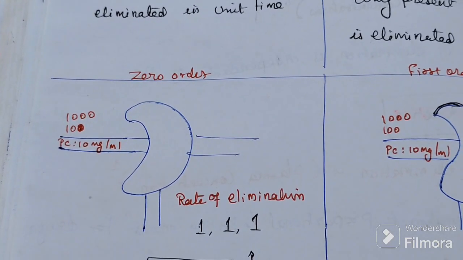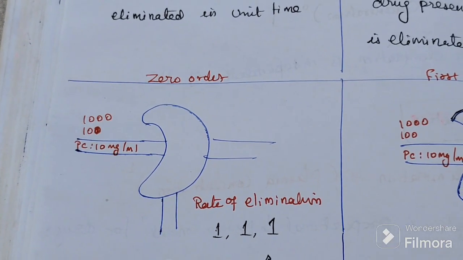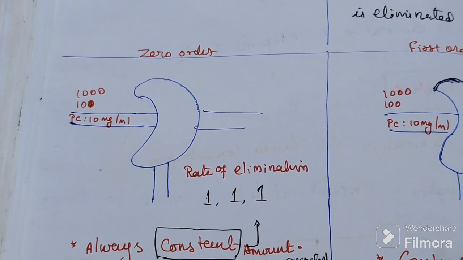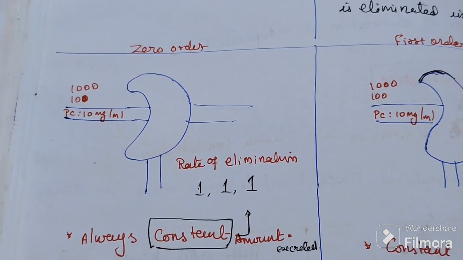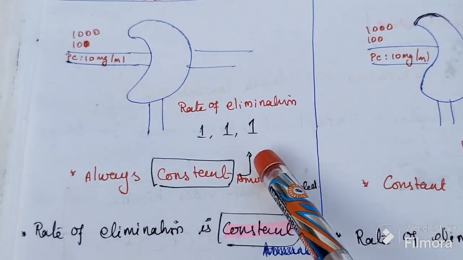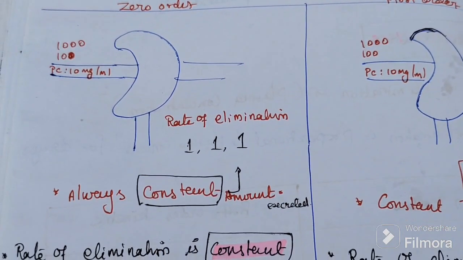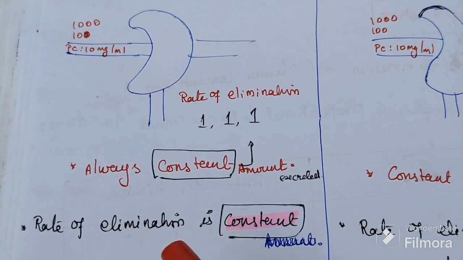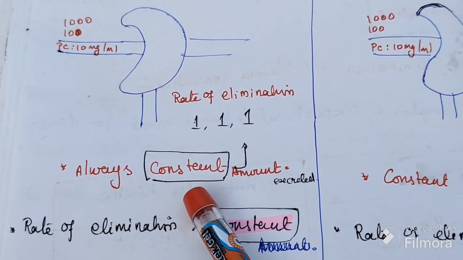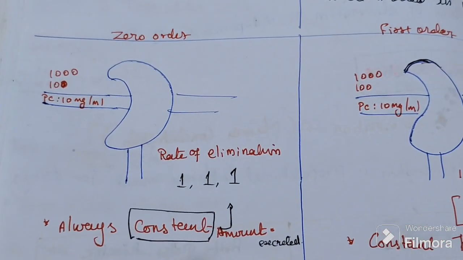If it is zero order, whatever the plasma concentration, the rate of elimination is always 1. Important point: the rate of elimination is always constant in zero order.